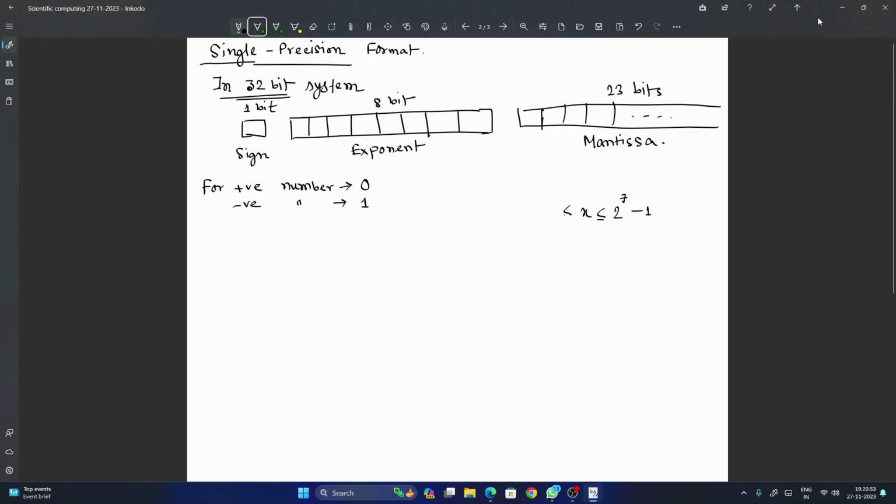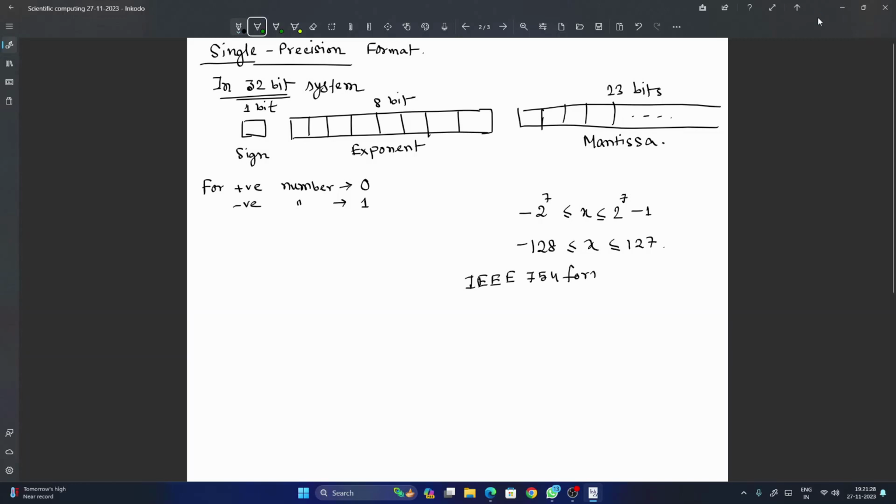Just calculate it: what is 2 to the power 7? Minus 128 to 127, so that is the range of exponent.